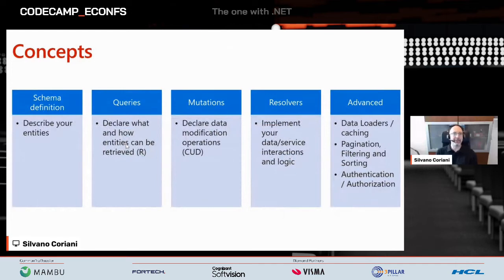Some important concepts around GraphQL. The schema definition. The schema is where we are defining our entities. So we are defining both our operations, so queries, mutations, and subscriptions, but also our data types. Right?